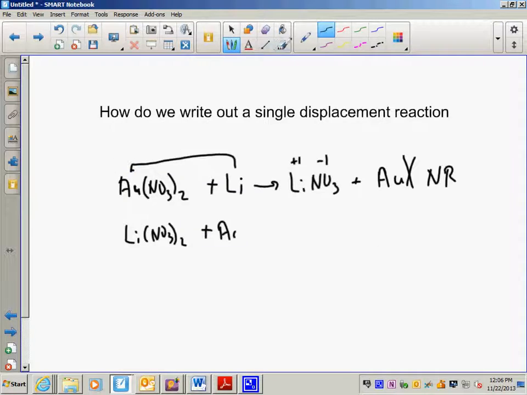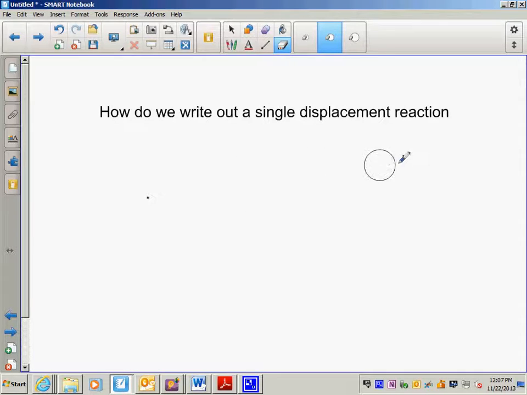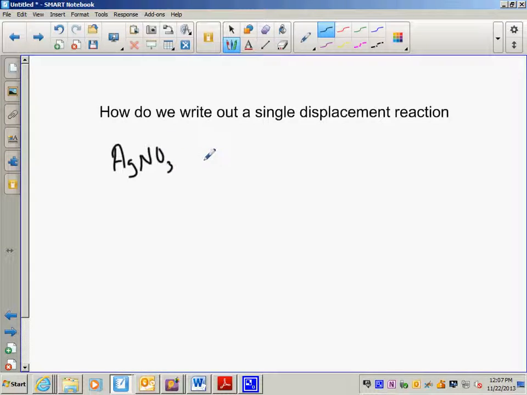All right, so here's an example. I'll erase this and we'll start over. Writing out a single displacement reaction: let's say I have AgNO3, and let's add this to copper.